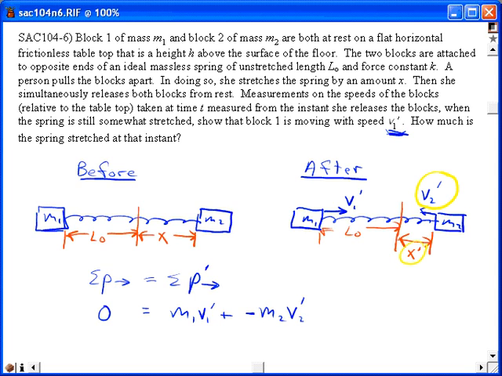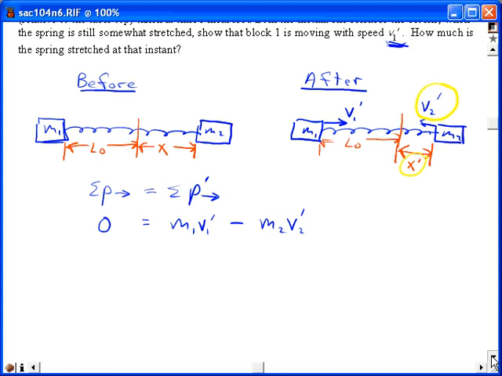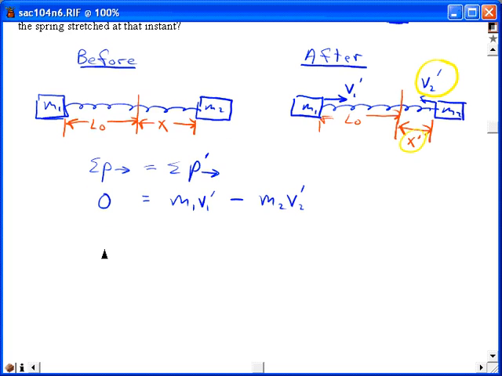And of course, we can leave that plus sign out if we want. I'll just say it's m1 v1 prime minus m2 v2 prime. Alright, solve that for v2 prime. And I've got a handy expression.